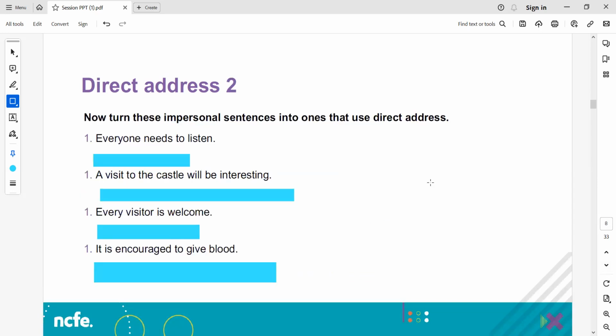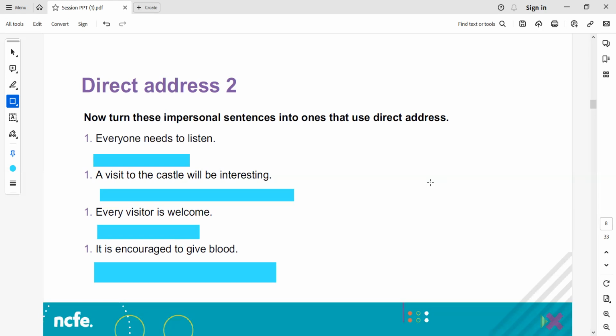So I want you to have a go at doing this now. So changing these impersonal sentences into ones that use direct address. So the first one, everyone needs to listen. How could we make that personal? How could we make it a direct address?